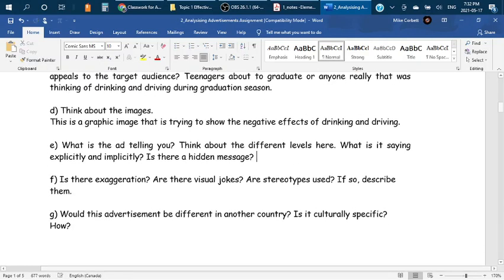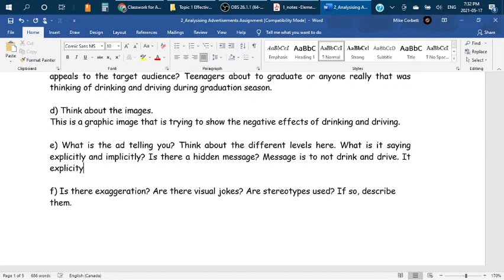So I could pretty much say the same thing here. Message is not to drink and drive. It explicitly seems to be during grad season, but could be a good message any time of the year.